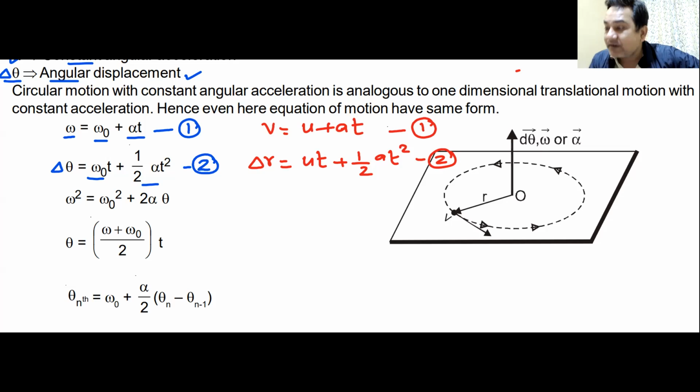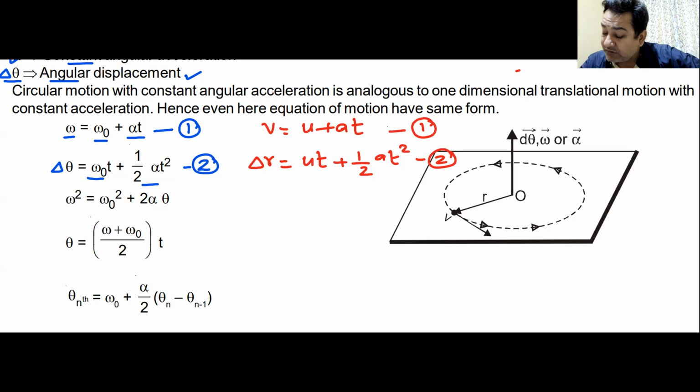Both are the same. Nothing changes, only the terms change. Instead of displacement, we have angular displacement. In place of initial velocity, we have initial angular velocity, and in place of acceleration, we have angular acceleration.